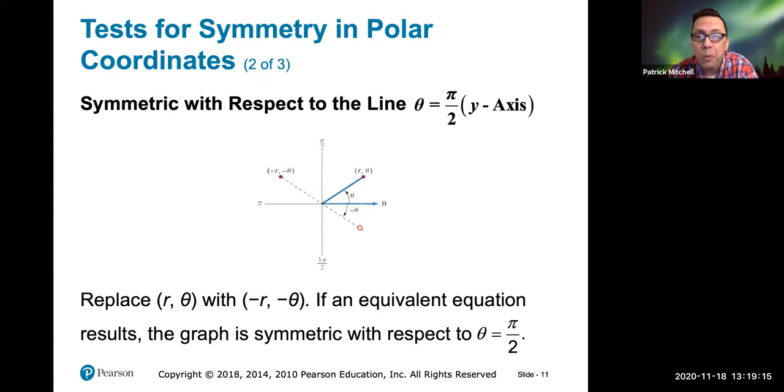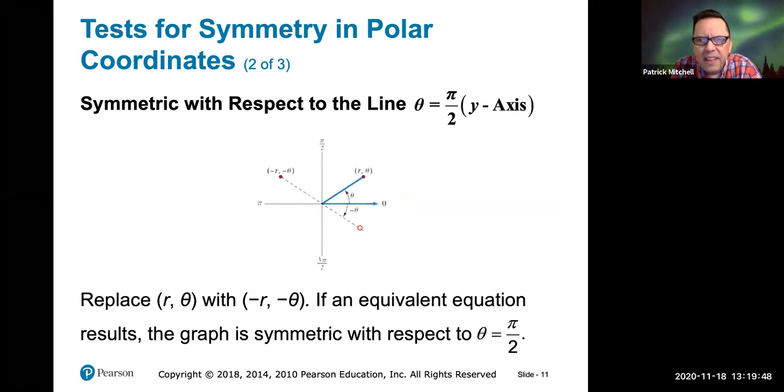Unfortunately, that does not work in polar coordinates because remember, there are an infinite number of different ways to represent any particular point in polar coordinates. So if you don't get an equivalent equation, that means you may or may not have that kind of symmetry. So it just basically means don't count on it. But you may end up having it after all. So you're going to see some examples like that.